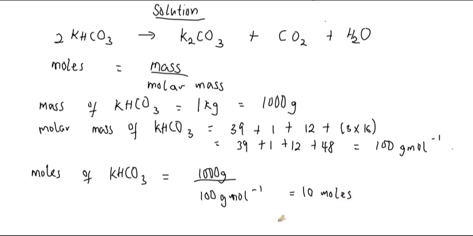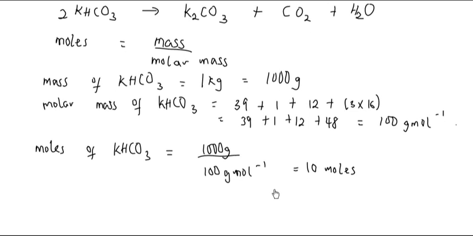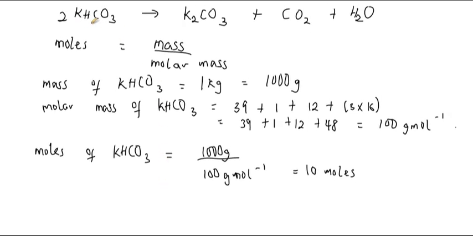Having gotten the number of moles of KHCO3 to be 10 moles, then we can go back to the chemical equation to have a stoichiometric relationship, saying that 2 moles of KHCO3 produces 1 mole of CO2, that is carbon dioxide. Don't forget we are asked to calculate the volume of carbon dioxide produced.